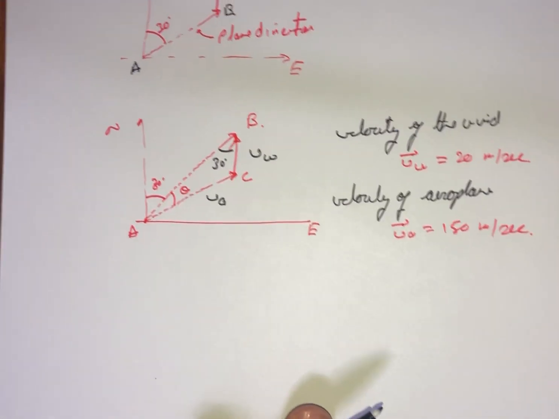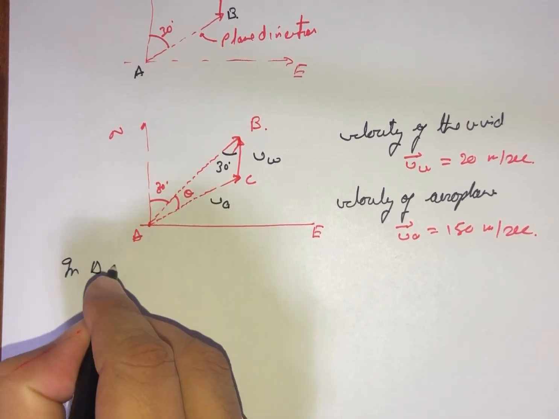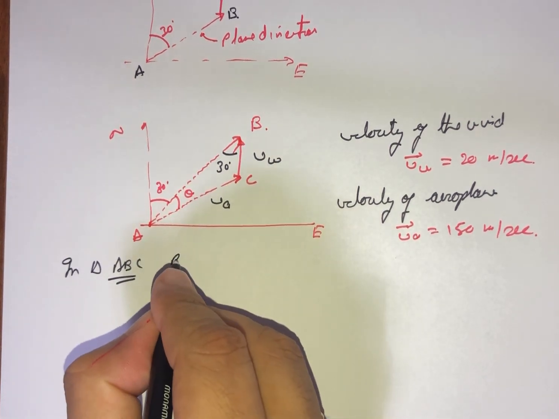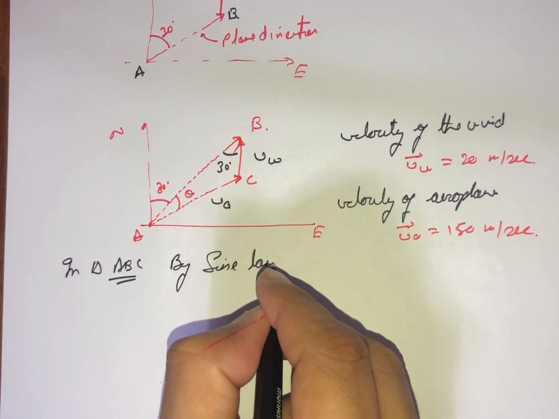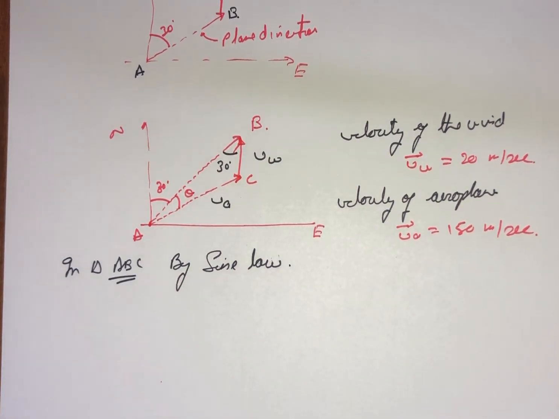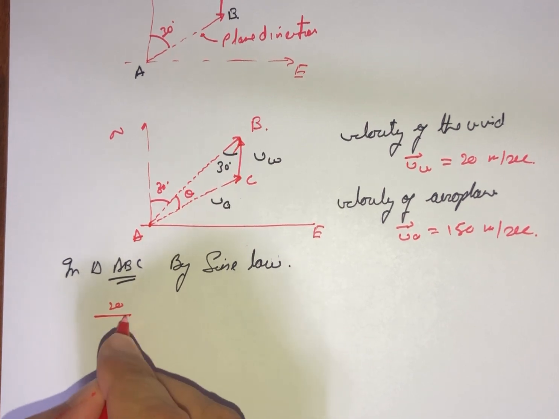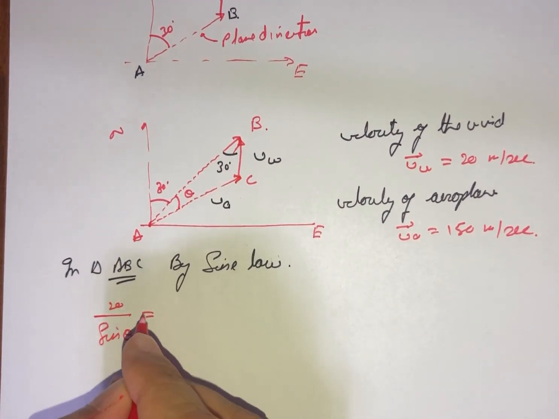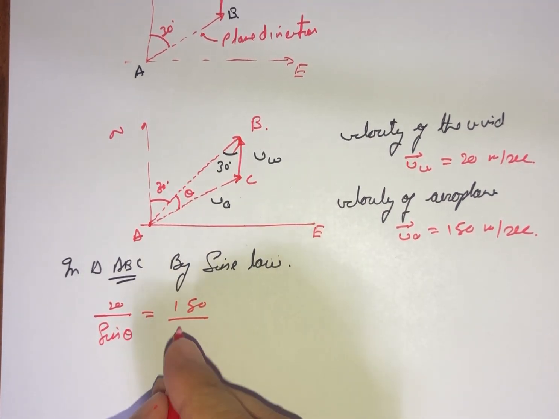So we can say that in triangle ABC, by sine law, 20 divided by sine of theta will be equal to 150 divided by sine of 30.